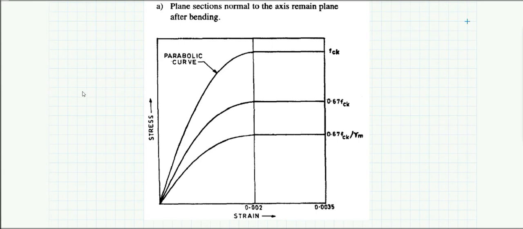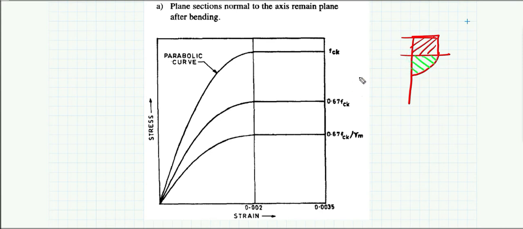But if test results are not there, a distribution diagram something like this can be assumed, and the shape of this distribution diagram is a combination of a rectangle as well as a parabola. This top portion is rectangular and the bottom portion is parabolic.